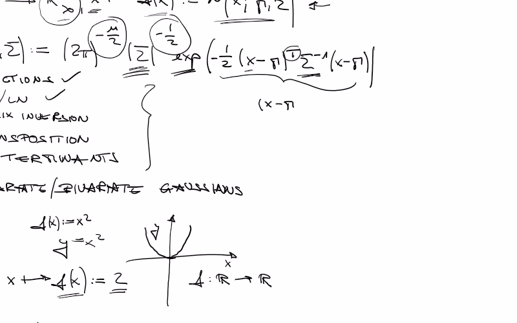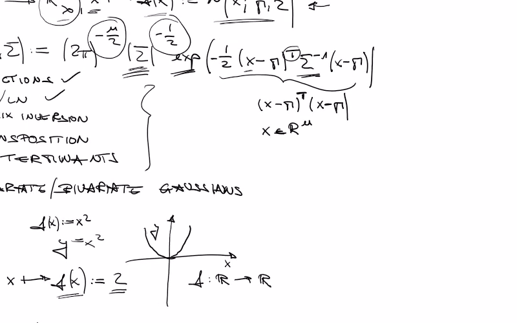So then it makes sense to ignore it. And what we see here is a transpose, and here we see something like this. So what does that actually mean? Now, I haven't told you what mu is, but in a way you can infer what mu is. So x is, like I told you, an n-dimensional vector. To make this a meaningful statement, x minus mu, what does mu have to be?